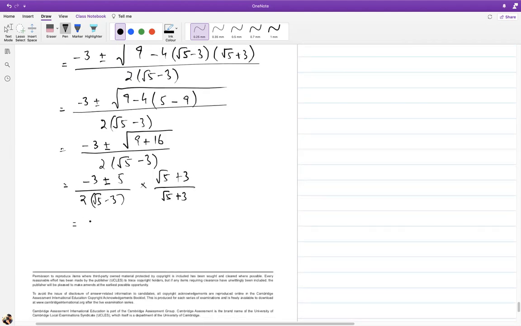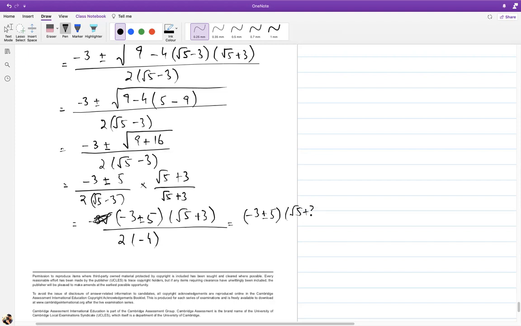So it's simply minus 3 plus minus 5 into square root 5 plus 3 over 2 into what? Minus 4. Yeah, square root 5 squared minus 3 squared is minus 4. So my answer is basically minus 3 plus minus 5 into square root 5 plus 3, the whole over minus 8.